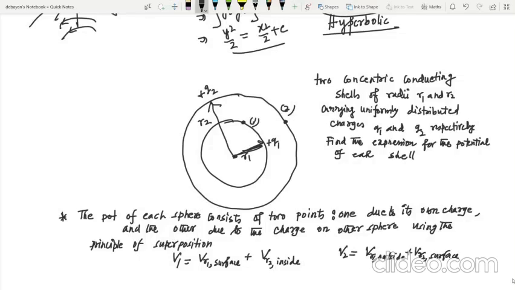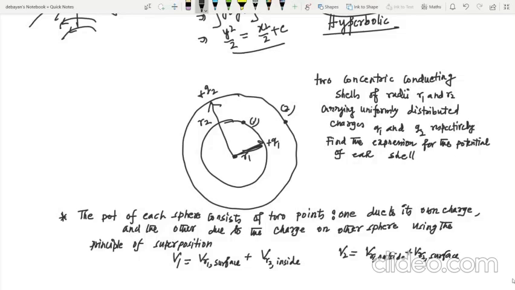So in that particular case, when we want to find V at R1 due to the surface, it is nothing but 1 by 4 pi epsilon naught times charge Q1 by R1, and due to R2 we are finding inside, the charge at R2 is Q2, so it is Q2 by R2. For the outside, the charge is Q1 and the radius should be R2, because you have to find it outside, where it behaves like a Gaussian surface.